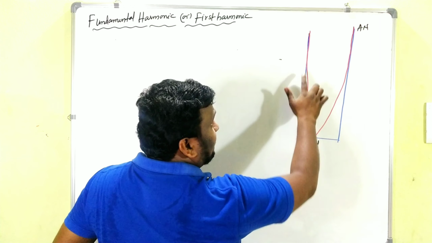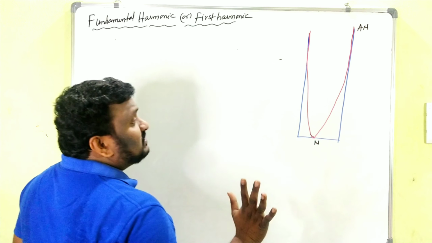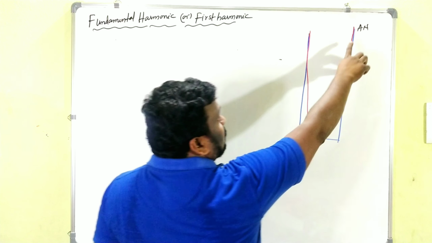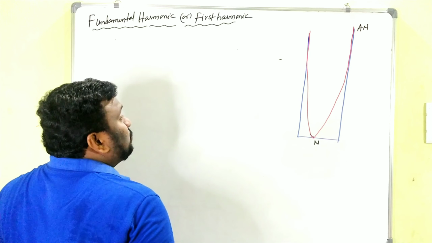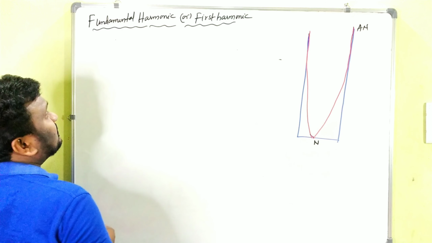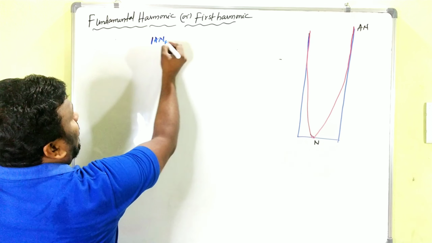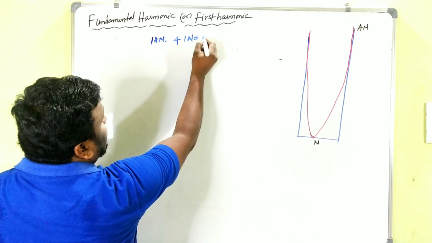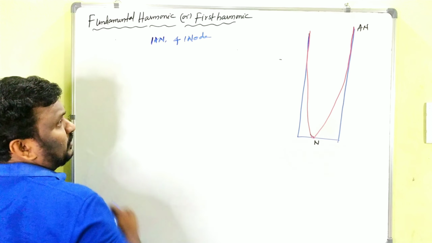The blue color is the pipe and the red color is the stationary wave. It should consist of antinode and node. Clear? So to form the fundamental harmonic, a stationary wave consisting of one antinode and one node must be there. Then only we are getting the fundamental harmonic.